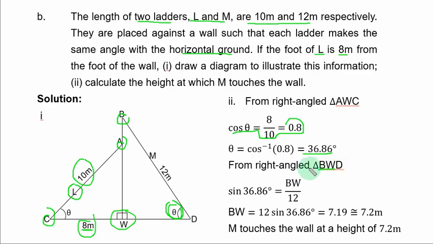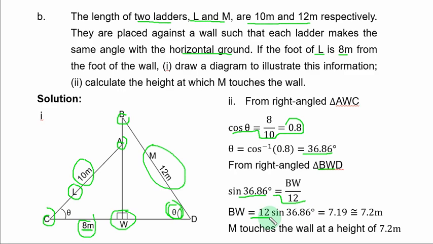From right angle triangle BWD, we can now get BW. BW is opposite to this angle, while this is hypotenuse. So we are talking about sine. So sine 36.86 is equal to opposite BW over hypotenuse 12.